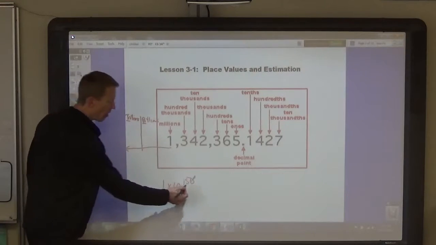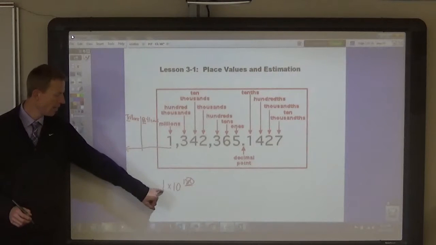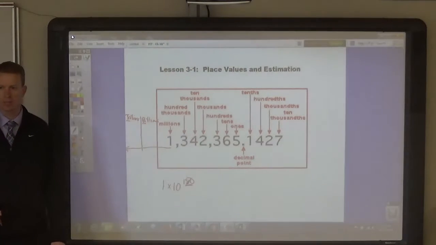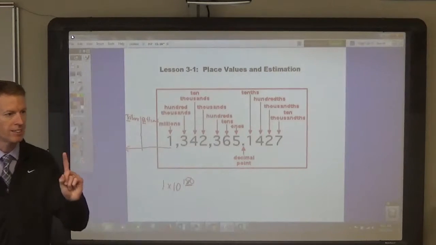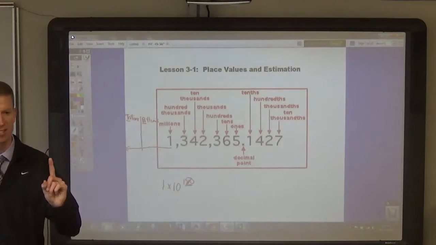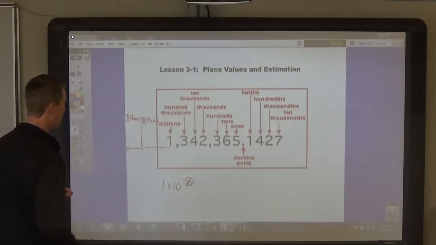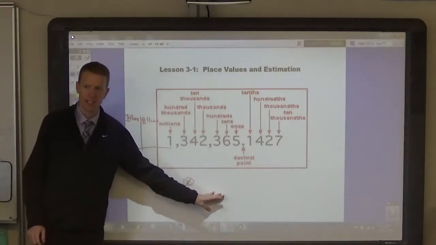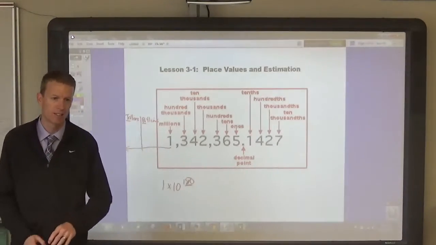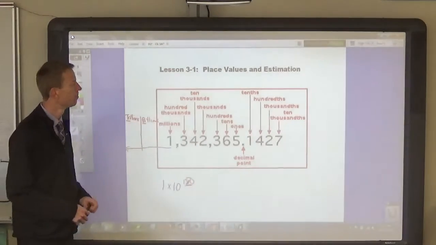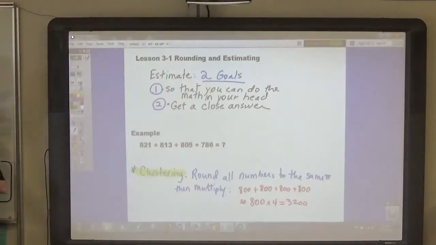The exponent always tells you how many zeros there are behind the 1 in the place. So in the ones place, how many zeros are there? 0. And 1 times 10 to the 0 power represents the ones place.